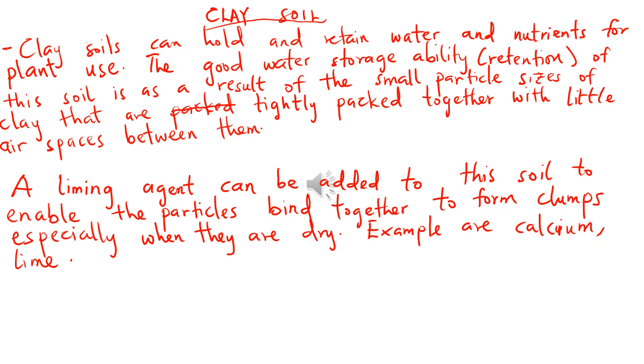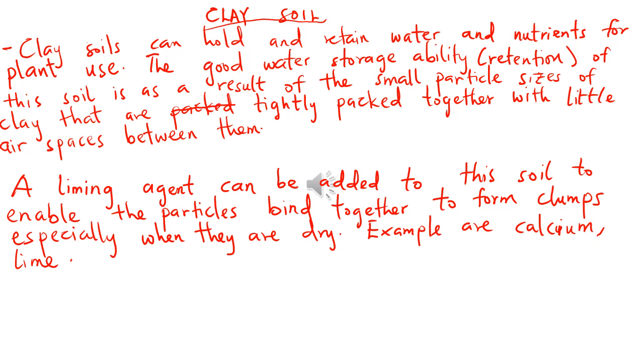Usually it is difficult to work with in the rainy season. When you have clay soil around you and you want to cultivate in the rainy season, it is so difficult, because in the rainy season it is mostly wet, and there's a lot of water on the surface of the soil.